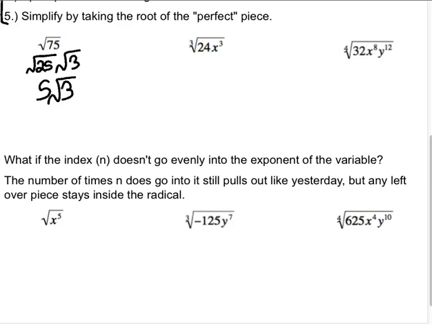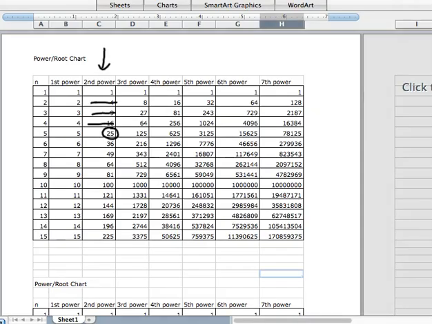Now, this also applies to higher powers. So, this 24, I'm dealing with a cubed root. So, with 24, I go to that column of my chart. So now I'm over here. And again, the problem I'm running into is 24 isn't actually on that list. So what do I do?